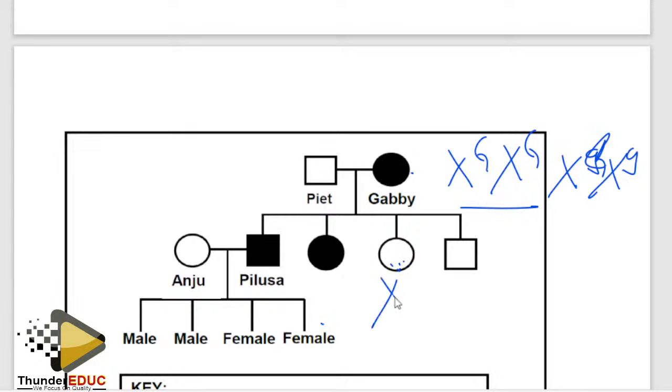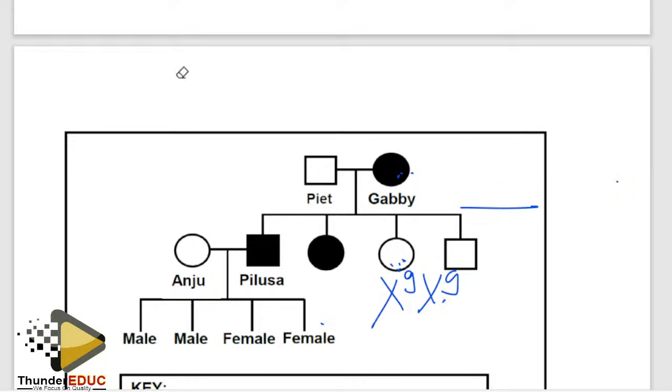This one is normal, so it's going to be small g. Therefore, this person can't be this, because the kid has a small g, which came from here. Therefore, this individual is capital G, small g. So that one is done.